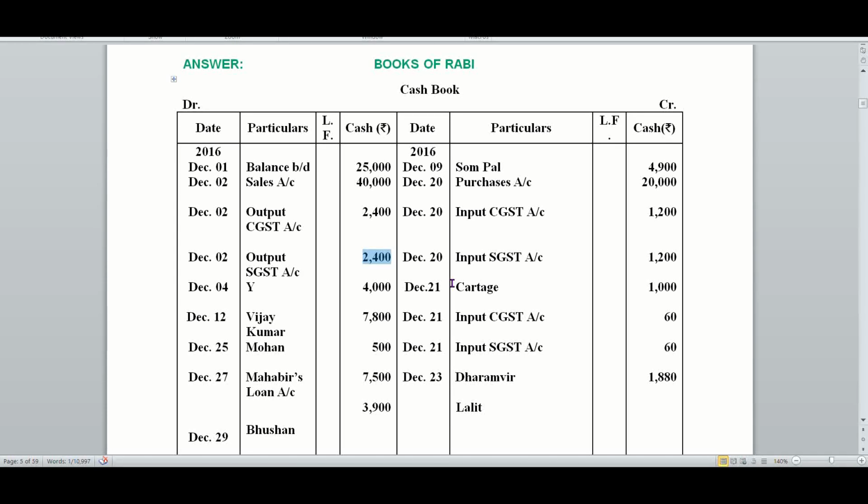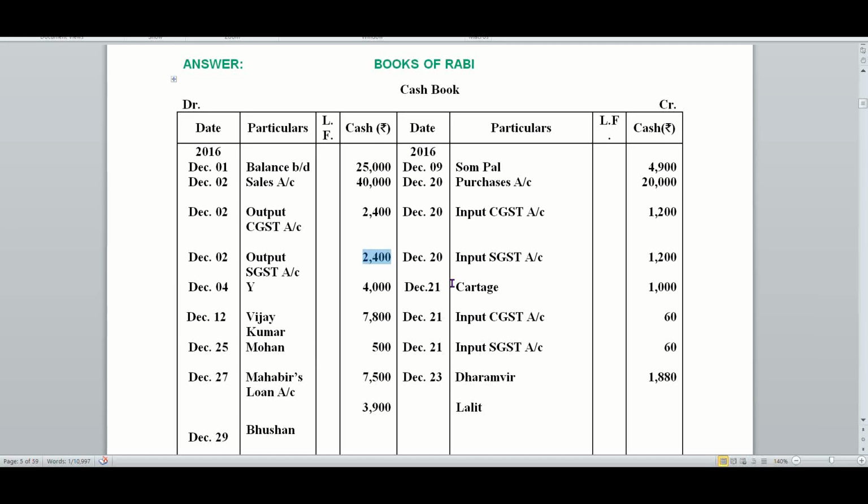So this is your cash sale, so cash is debited. In case of sale, it is output CGST. In case of purchase, it is input CGST.